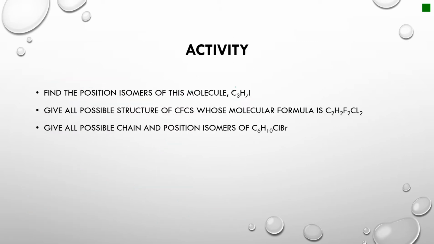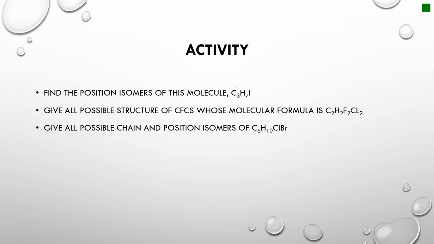So here is an activity for you. In your prep time, find the position isomers of this molecule, C3H7I. Give all possible structures of CFCs whose molecular formula is C2H2F2Cl2.